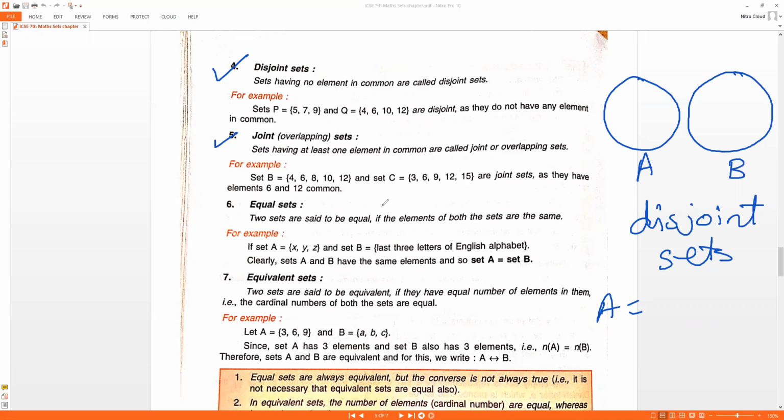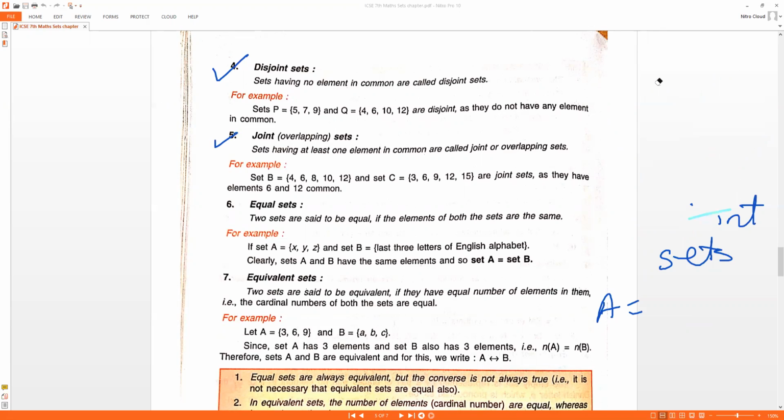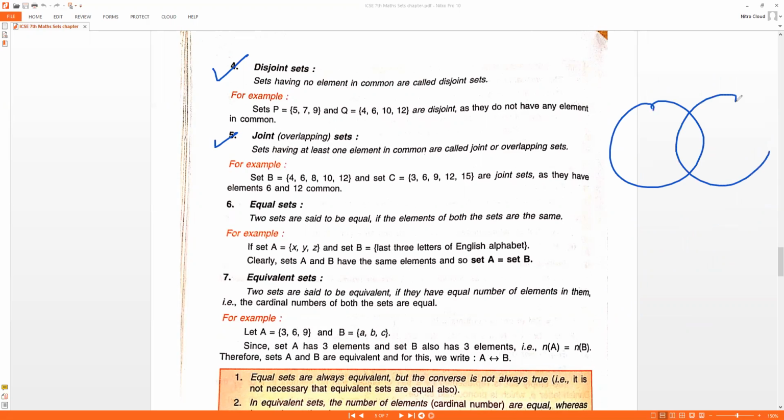Then joint or overlapping sets. Between two sets, something is common. At least one element is common between them. At least one. For example, let's say A is a set of multiples of 2, and B is a set of multiples of 3.